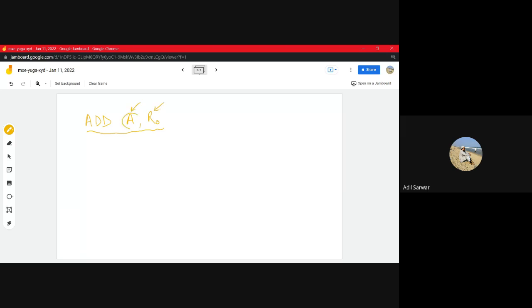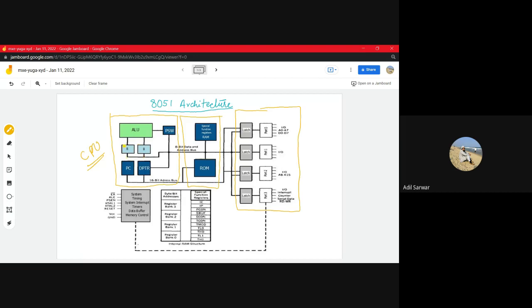Now what is A and what is R0? So let us go back and see here. I think there is a small mistake here. This is A, not B. This is A. So A is a register, B is a register. We know that we require some memory space for storing the instructions and storing the results of the various operations.